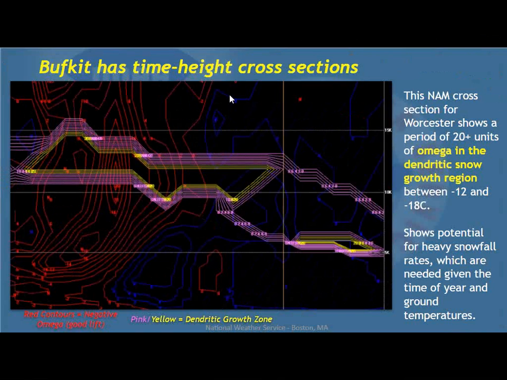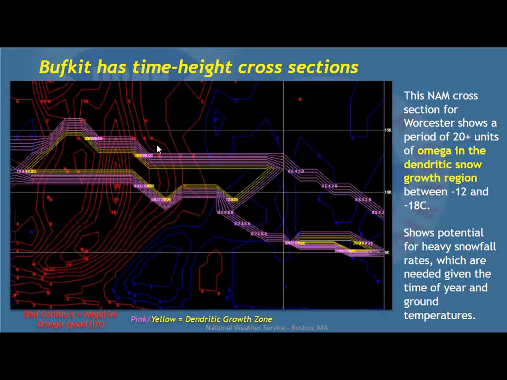And this is a cross section of the same sounding that we showed you in the previous slide. You can see here the dendritic growth zone is depicted in the pink zone, and that's strictly minus 12 to minus 18 Celsius. Again, for those of you who live near the coast, that DGZ may be as low as minus 6 to minus 10 Celsius.